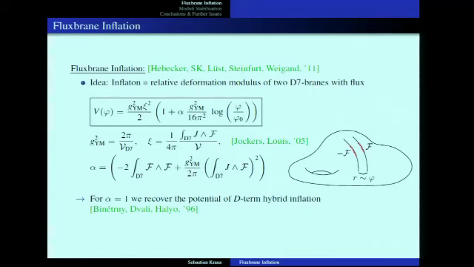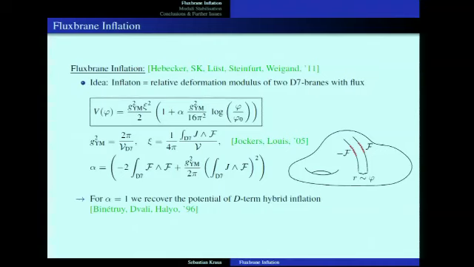Phi is obviously the four-dimensional inflaton, and alpha is a quantity which, for the purpose of this talk, you can basically think of as measuring the D3 brane charge which is induced by the flux. It's actually crucial that there's the second term, but I won't have time to discuss this in more detail.